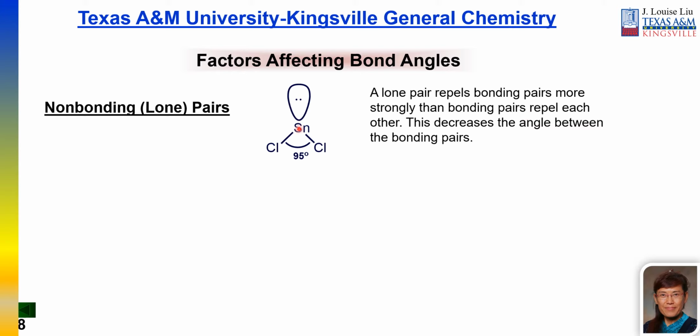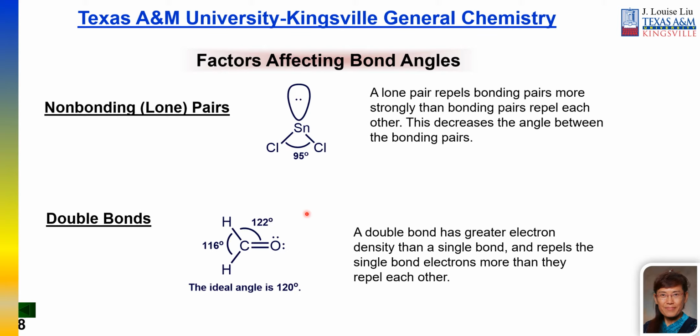If you have SnCl2, there's a bonding pair, Sn-Cl bonding pair. These two, the repulsion is less. This lone pair repels the chlorine more than the Sn-chlorine. So therefore, the angle between the Sn-Cl bonds will be decreasing. Your bond angle will be decreasing.